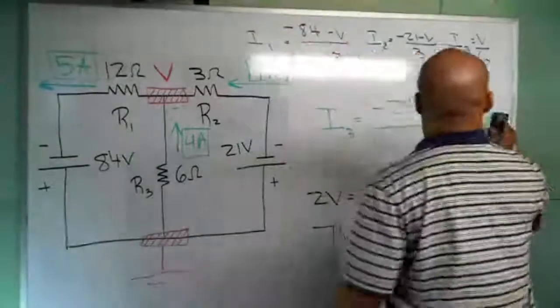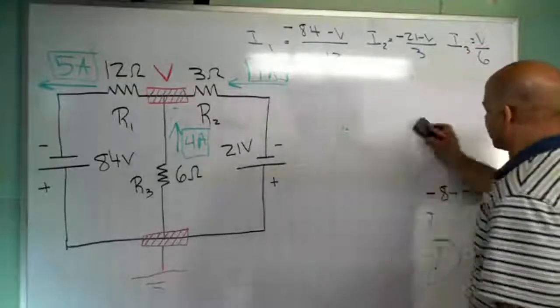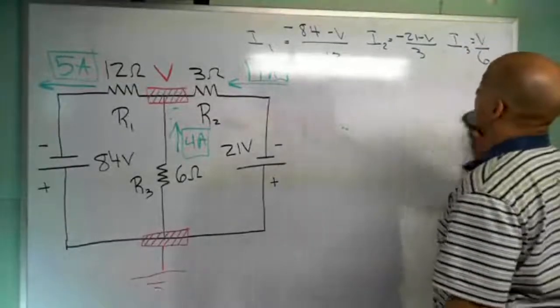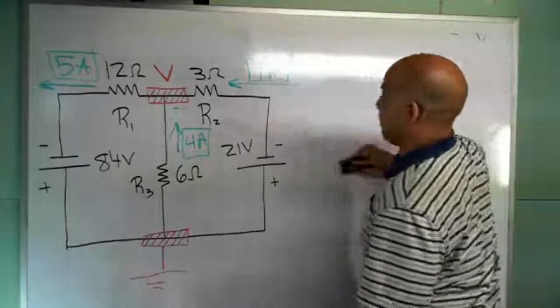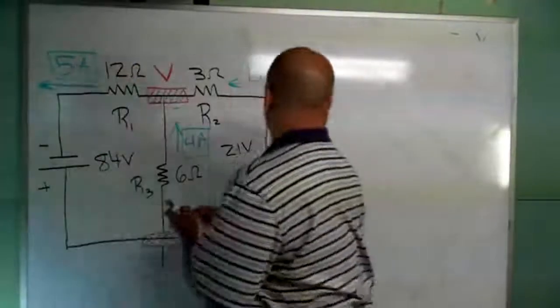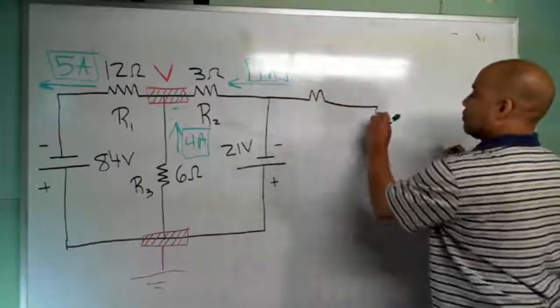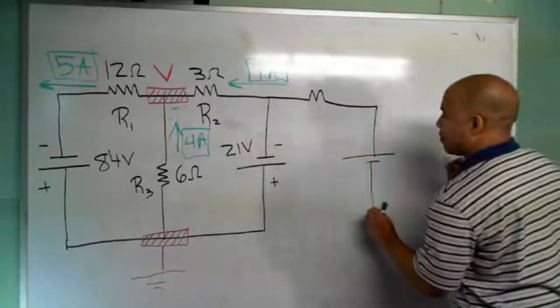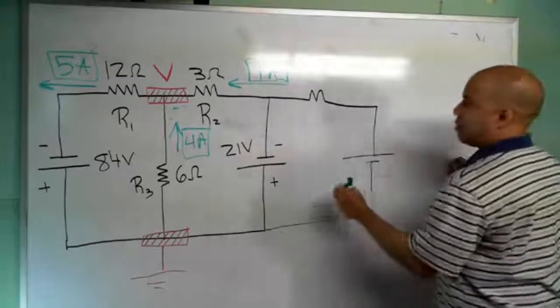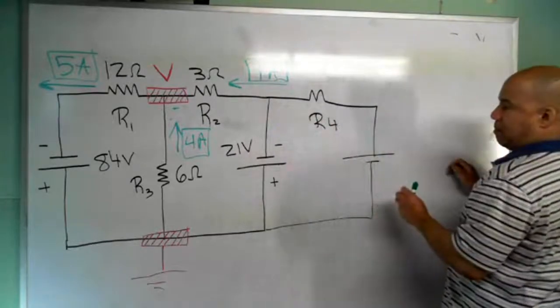Yeah, so you're saying, let me make an example of what I think you're asking me. So you're saying that maybe I did something like this. I might have an R4 in there. Is that what you mean? Yep.